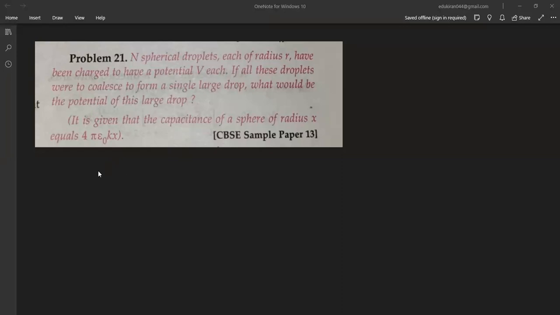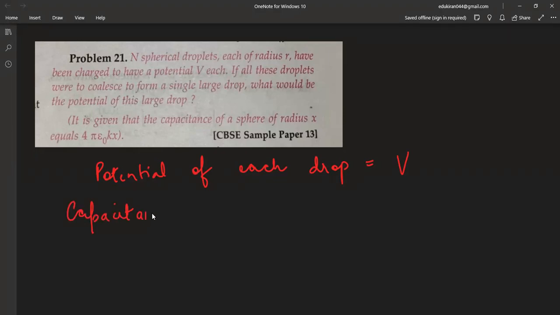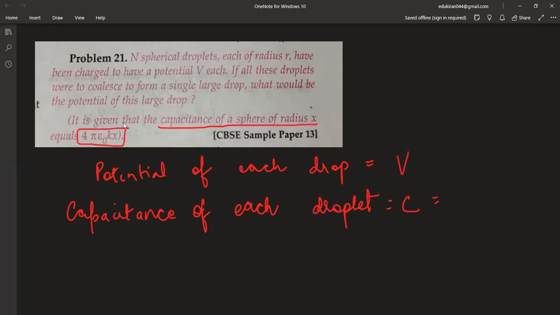See, what is the potential of each drop? The potential of each drop is V. When we are talking about the capacitance of each droplet, that is C, which is mentioned in the question, the capacitance of the sphere of radius x.